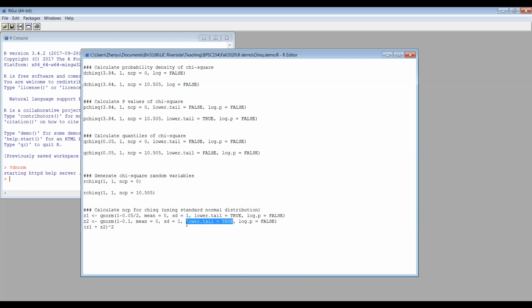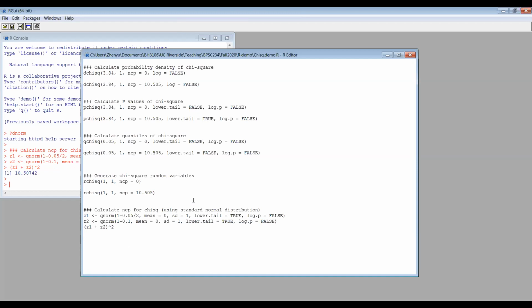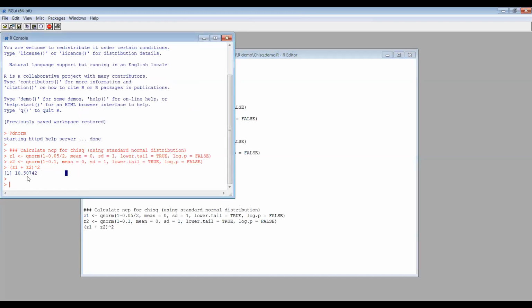We also calculate the lower tail. And once you get the Z1 and Z2, you just use the sum of Z1 and Z2 to the power of 2. So then you can calculate the non-centrality parameter equal to 10.5.